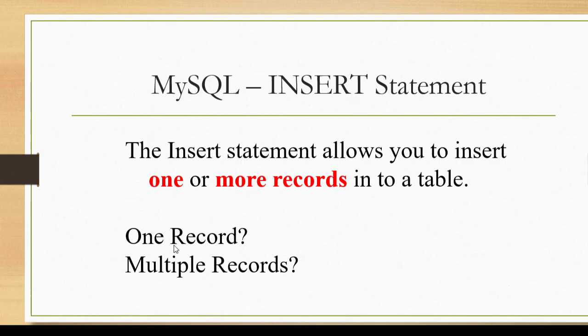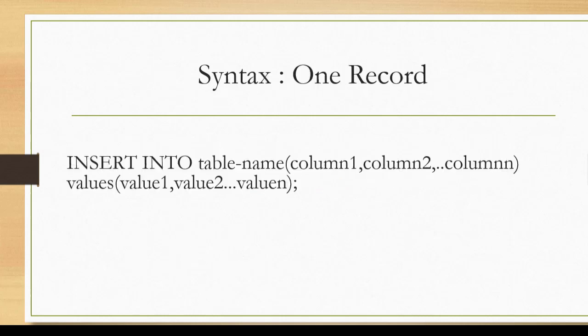For example, when you want to insert one record, how are we going to insert? If you want to insert multiple records at a time, how are we going to use the syntax? Let me see the first one. To insert a single record, we use the insert into clause, followed by a table name.